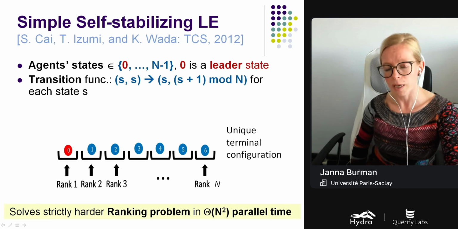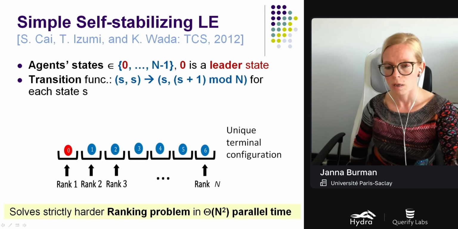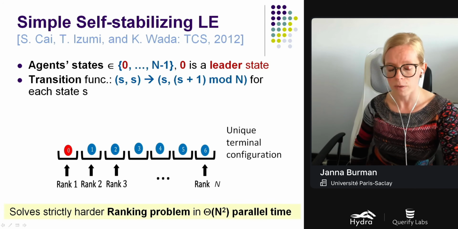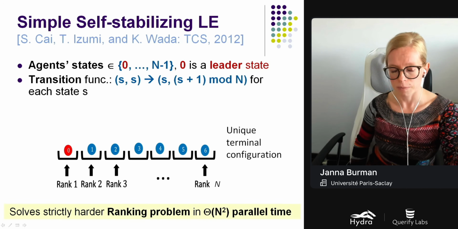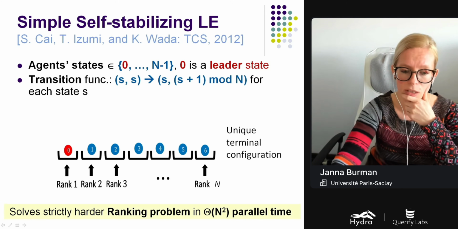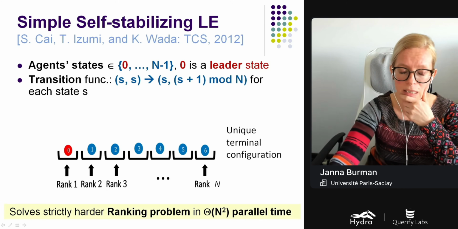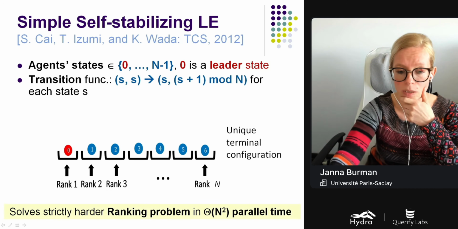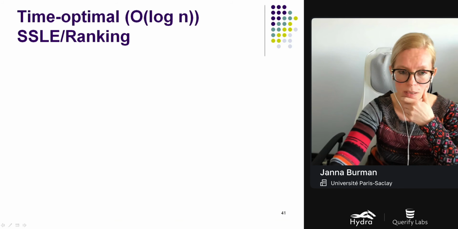And because we have ranking, it is easy to fix, for example, the agent eventually with rank 1 as a leader. Okay, so how can we do leader election in a self-stabilizing way in population protocols in only logarithmic time? Okay, so let me present you this solution.